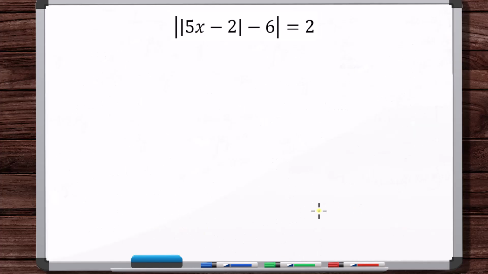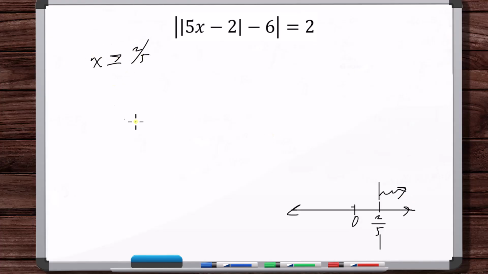Okay, here's another nested absolute value problem. Let's look at the absolute value in the middle. That's going to change signs when x is equal to 2/5. So let's consider when x is greater than or equal to 2/5, then 5x minus 2 is always positive or 0, so we just remove the absolute value. -2 minus 6 is -8.